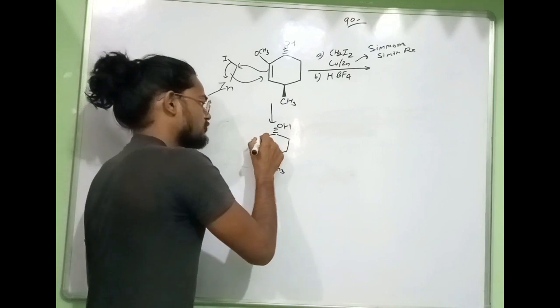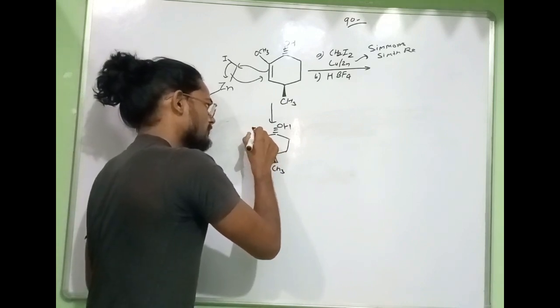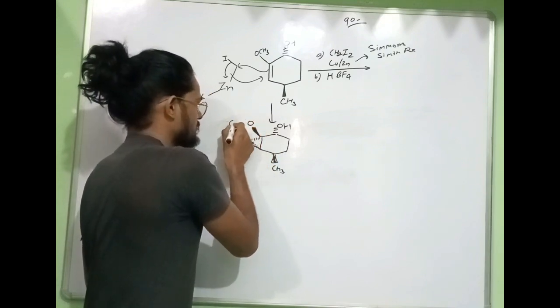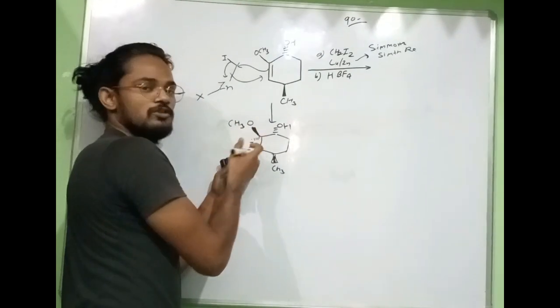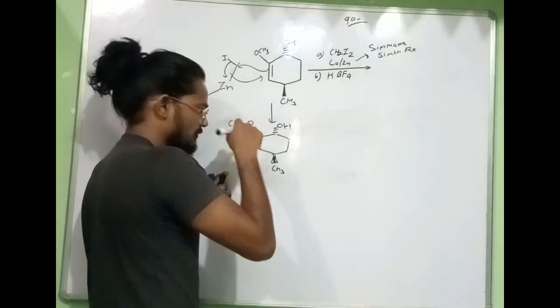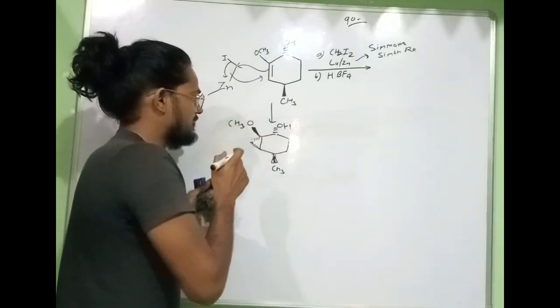Then this group goes above the plane. Why? Because two positions are available for this reagent: one is below the plane and the other is above the plane.